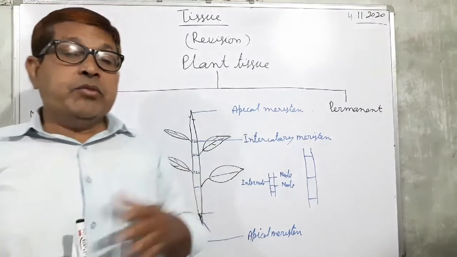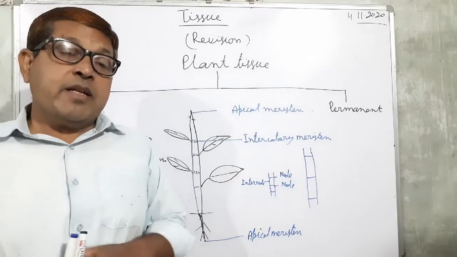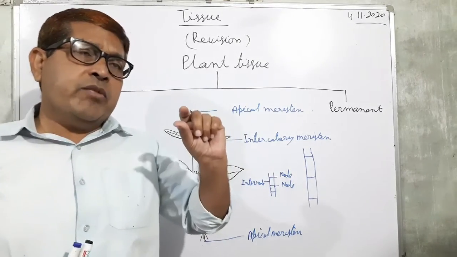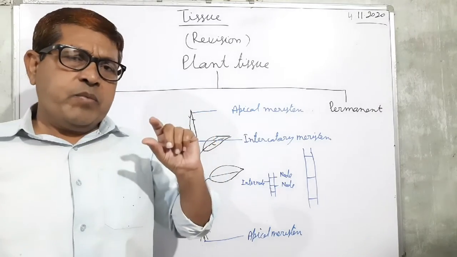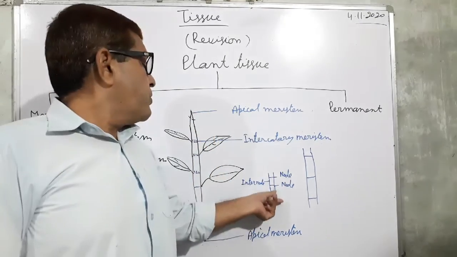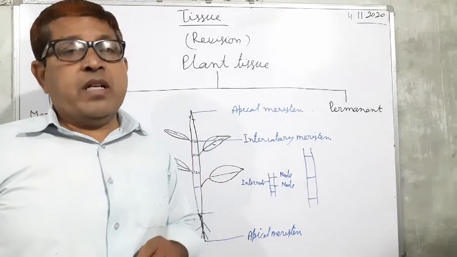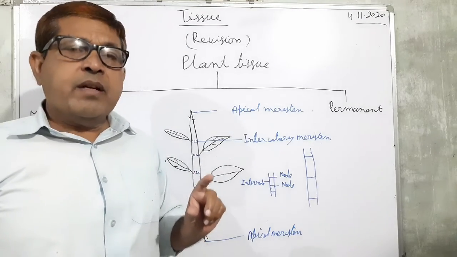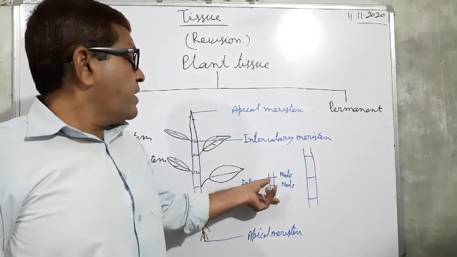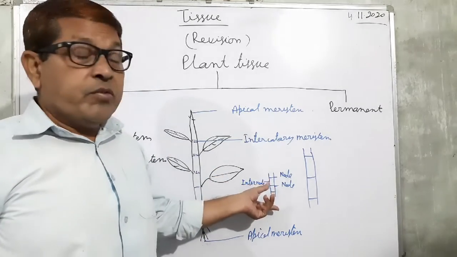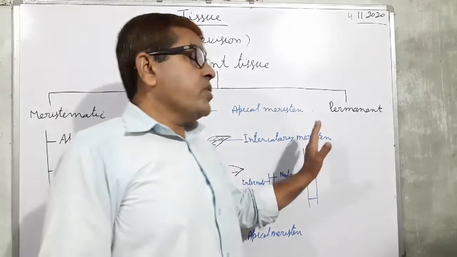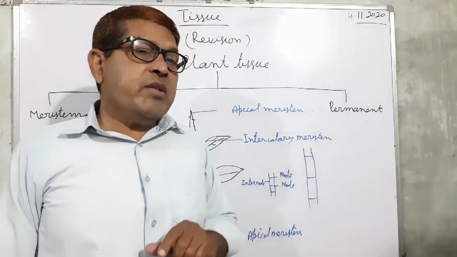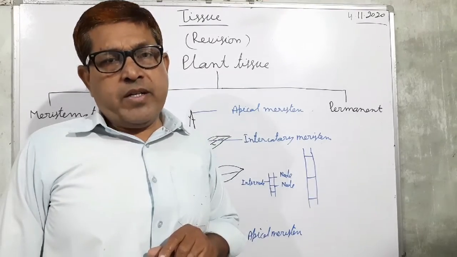And you can easily observe this in the case of sugar cane. Initially, before the rainy season, the internodes are very small, and during and after the rainy season the internodes increase in length. The same situation you can see in the bamboo plant.